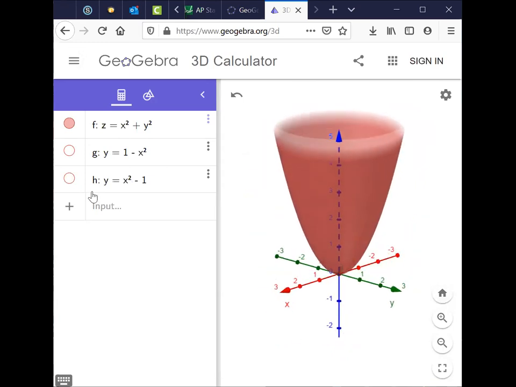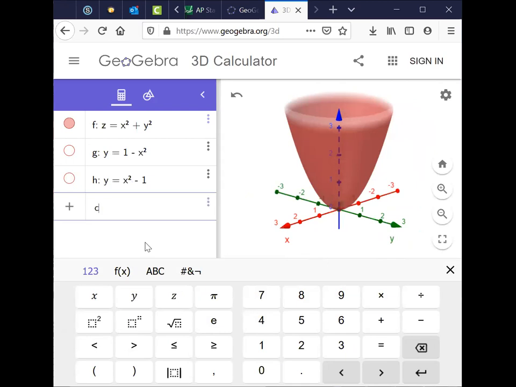Right, the better way of doing it is to use the curve function. So we just have to do it parametrically. I'd say t comma 1 minus t squared, zero, because I don't want it to be anywhere on the z axis.